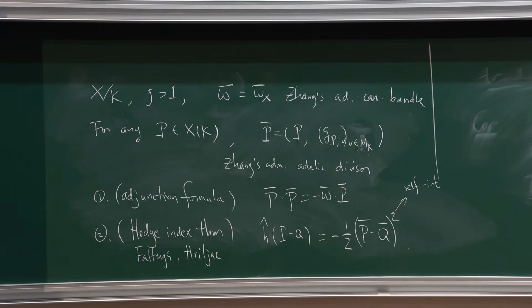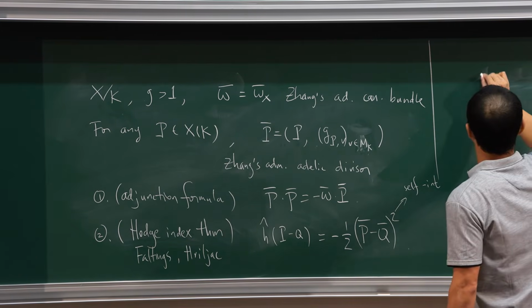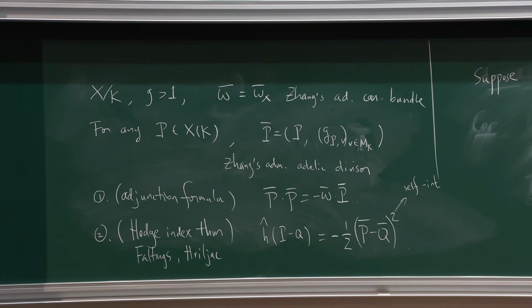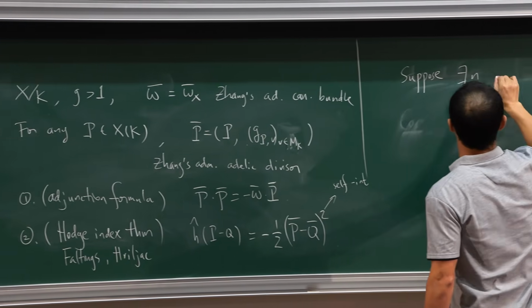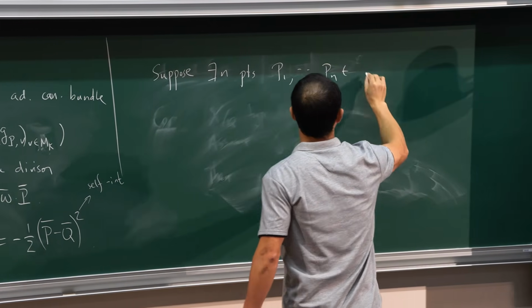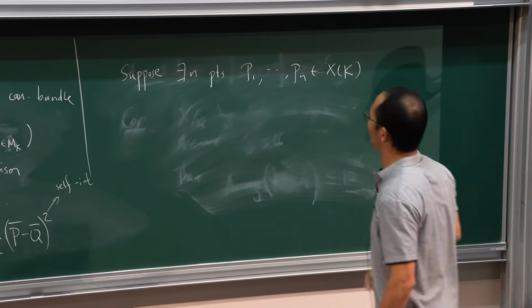Now we suppose we have n points, say P1 up to Pn in X(K bar) minus X(K).